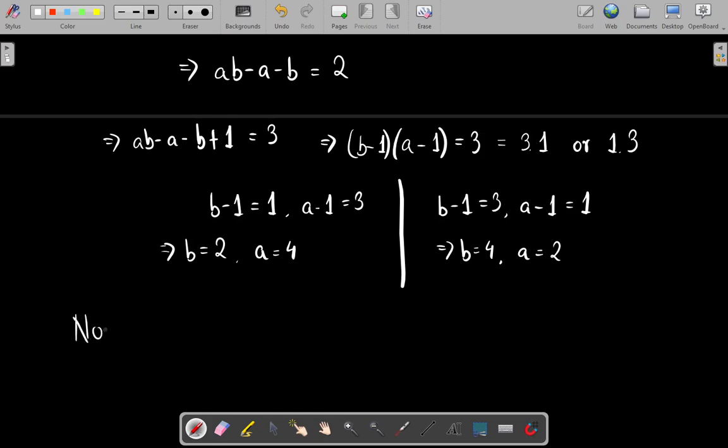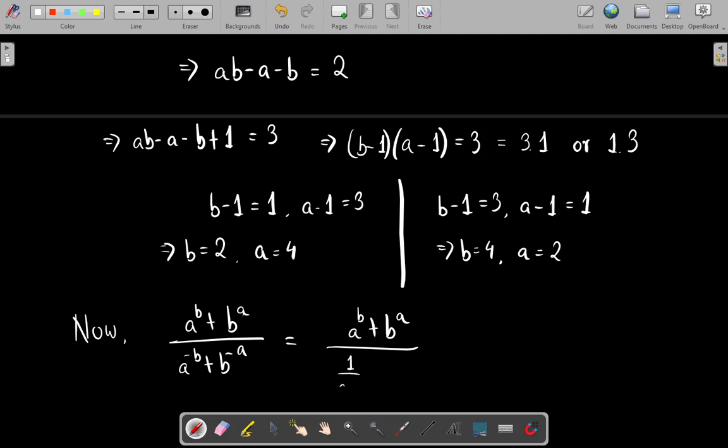Now we have to find the value of (a to the power b plus b to the power a) upon (a to the power minus b plus b to the power minus a). After a bit of simplifying, this becomes (a to the power b plus b to the power a) divided by (1 upon a to the power b plus 1 upon b to the power a).